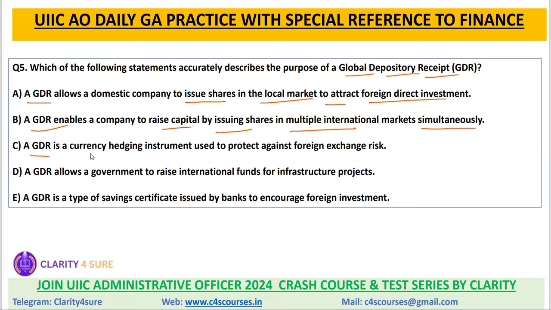Next: a GDR is a currency hedging instrument used to protect against foreign exchange risk. Fourth: a GDR allows a government to raise international funds for infrastructure projects. Next: a GDR is a type of savings certificate issued by banks to encourage foreign investment. So the answer for this question is B.